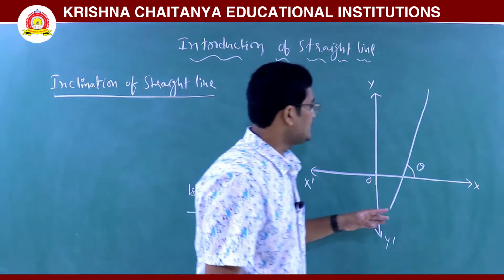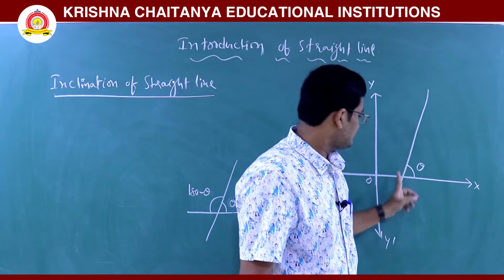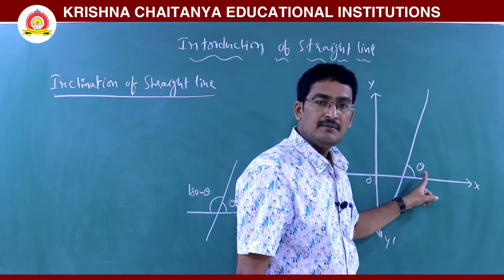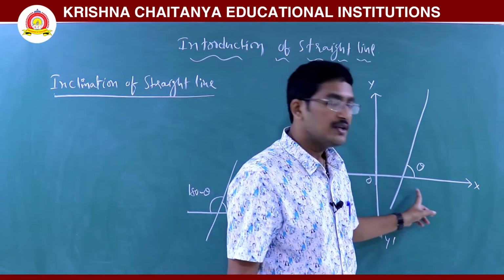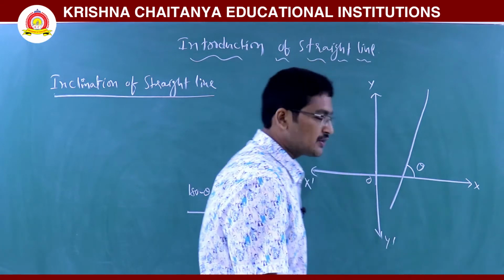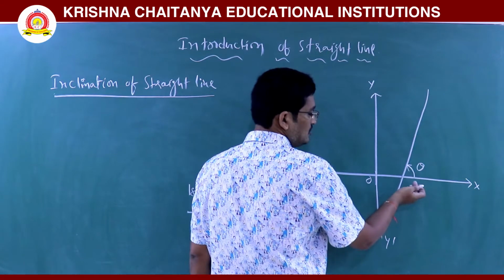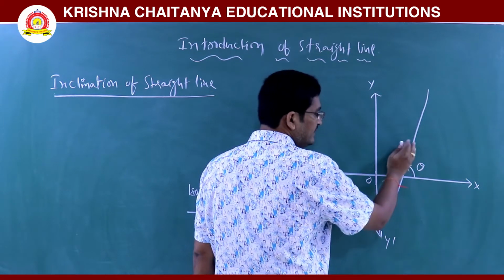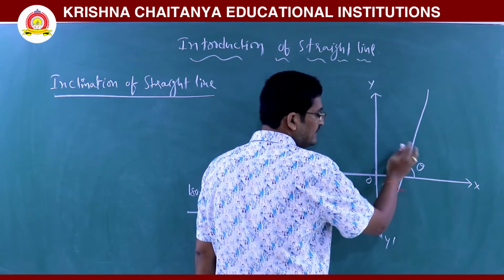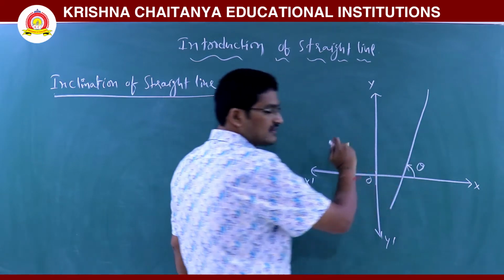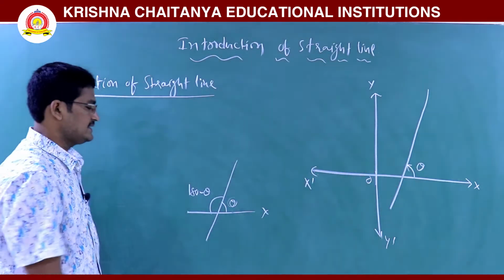So, here I am saying this line makes an angle theta with the positive direction of x-axis measured along the anti-clockwise direction. We have to measure the angle between these two in the anti-clockwise direction with the positive direction of x-axis.